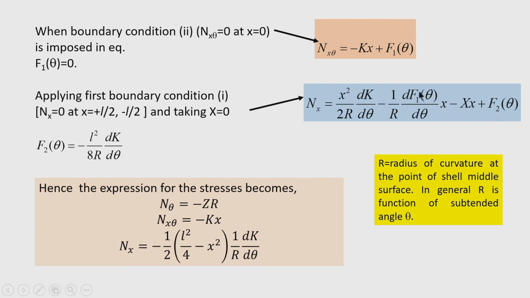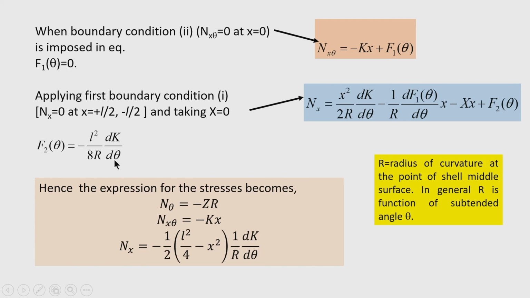So, f 2 theta can be evaluated by putting x equal to L by 2 here, and we get that n x f 2 theta is minus L square by 8 r into d k by d theta. Hence, the expression for the stresses becomes n theta equal to minus z r, n x theta equal to minus k x, because f 1 theta is 0 and f 2 theta we have evaluated as minus L square by 8 r d k by d theta.